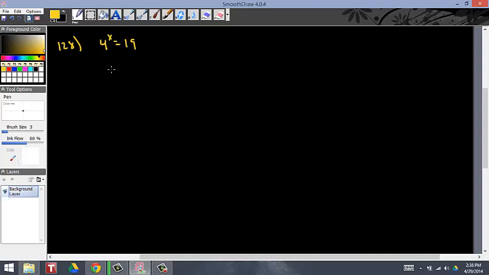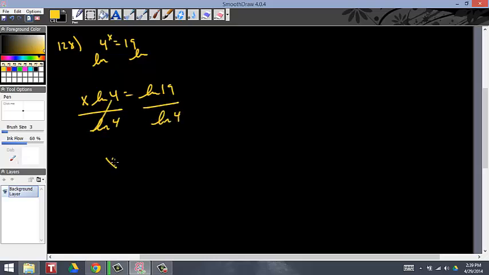No. So since they don't have a similar base, anyone remember this maneuver when I took the natural log of both sides and I ended up with x ln 4 equals ln 19? Guys, what's the natural log of 4? Something more basic than that. A number. So you divide by that number. So x equals natural log of 19 over natural log of 4. And that's your calculator-ready answer, but remember, you have to answer it and round to 3 decimals.